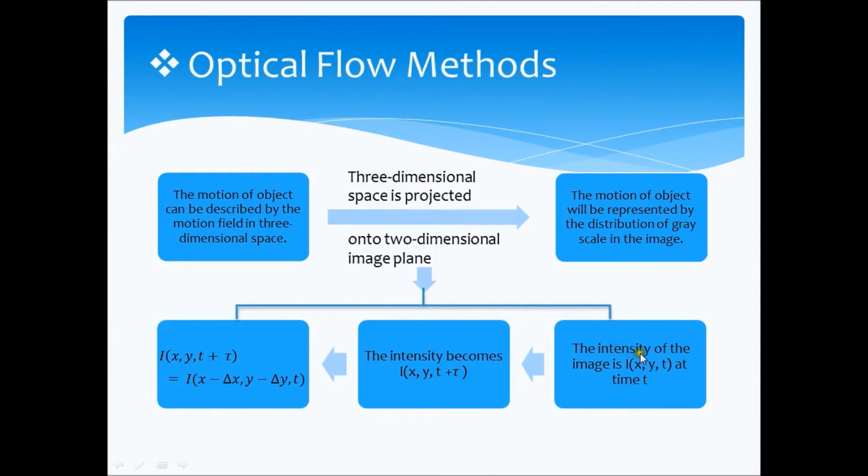If we know the intensity of the image at time t and the intensity of the image after a period of time, then we can get this equation. And if we can solve delta x and delta y according to the given conditions, we can know how the object moved during the period of time.